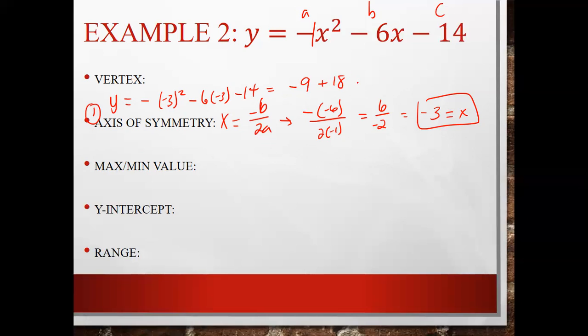Plus 18 minus 14. So negative 9 plus 18 is? And 9 minus 14 is? Negative 5. So we know our vertex is at negative 3, comma, negative 5.